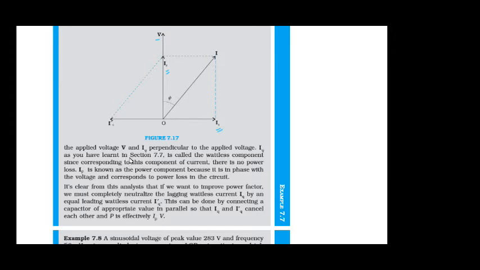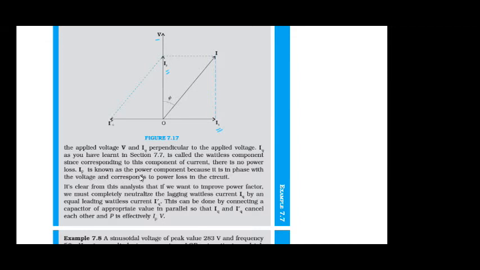IQ, as you have learned in section 7.7, is called the wattless component. Since the power corresponding to this component of current is zero, it is wattless. Therefore, there is no power loss due to IQ.